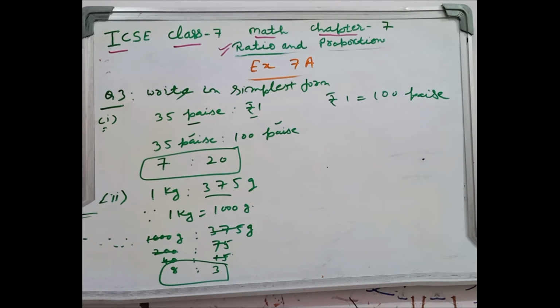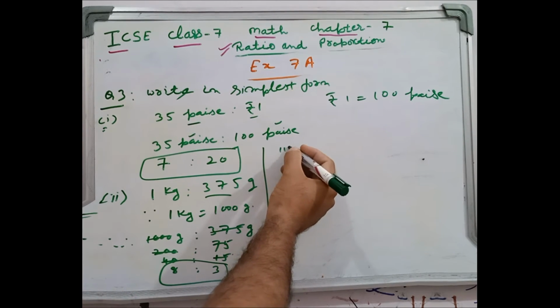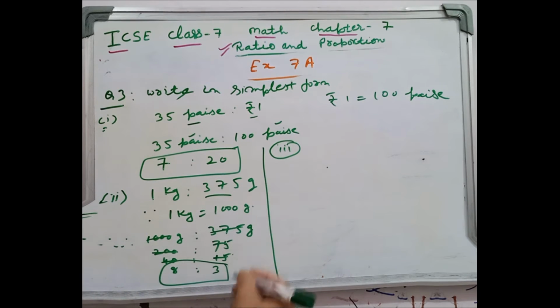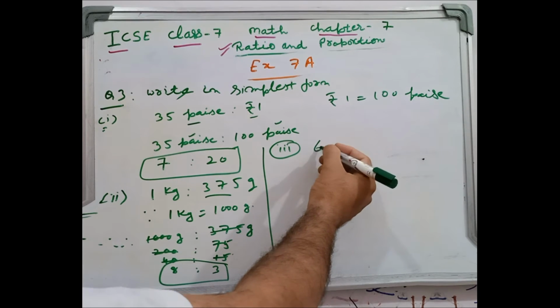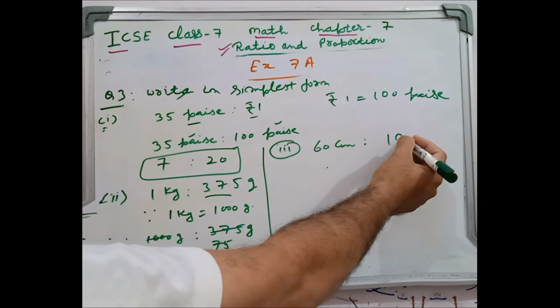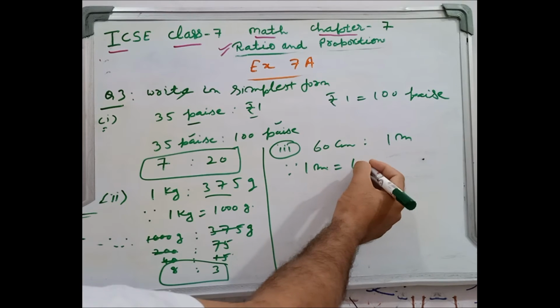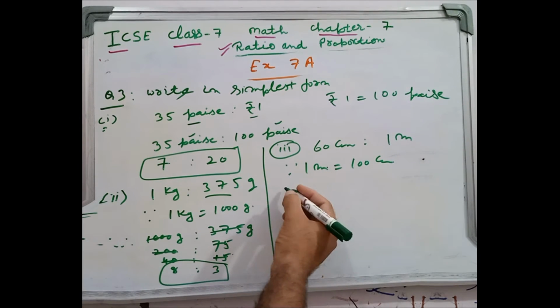So students, no need to panic. If you know the units well, you can do them easily. Now, part third of question third is 60 centimeter ratio 1 meter, because 1 meter is equal to 100 centimeter.